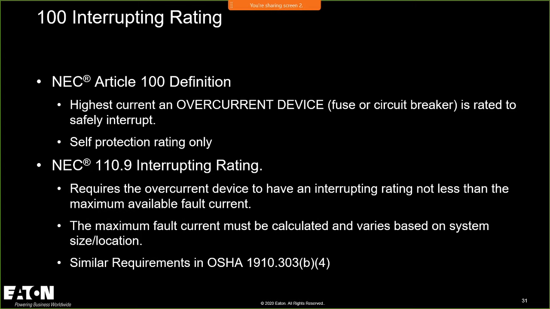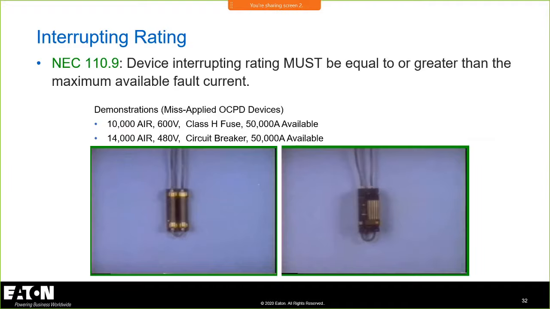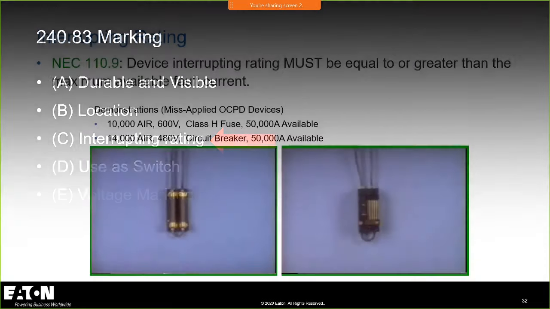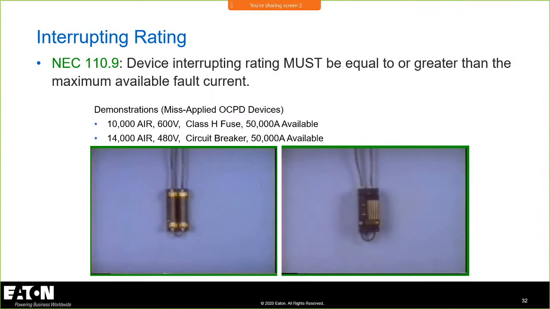Now let's take a look at what happens when you misapply a product. Whoops. These are fuses and circuit breakers misapplied. This is a 10,000 amp interrupting rating Class H fuse and a 14,000 circuit breaker. This is what happens when you make a mistake.